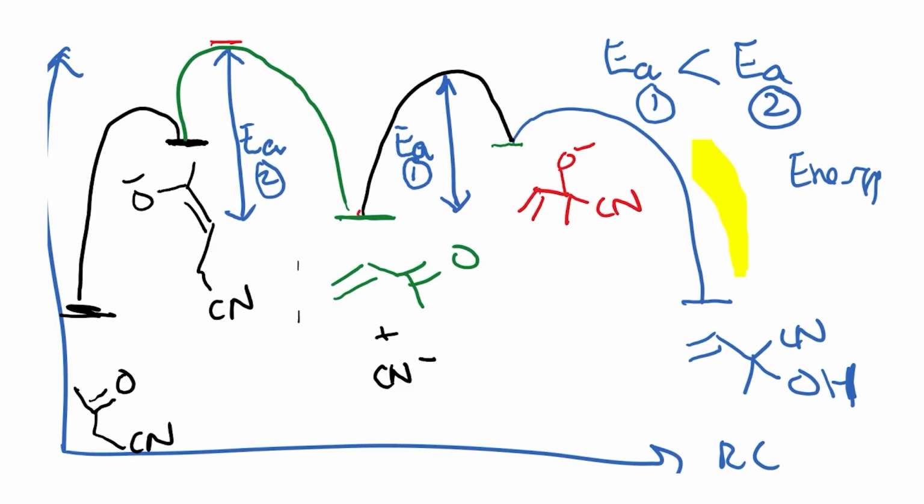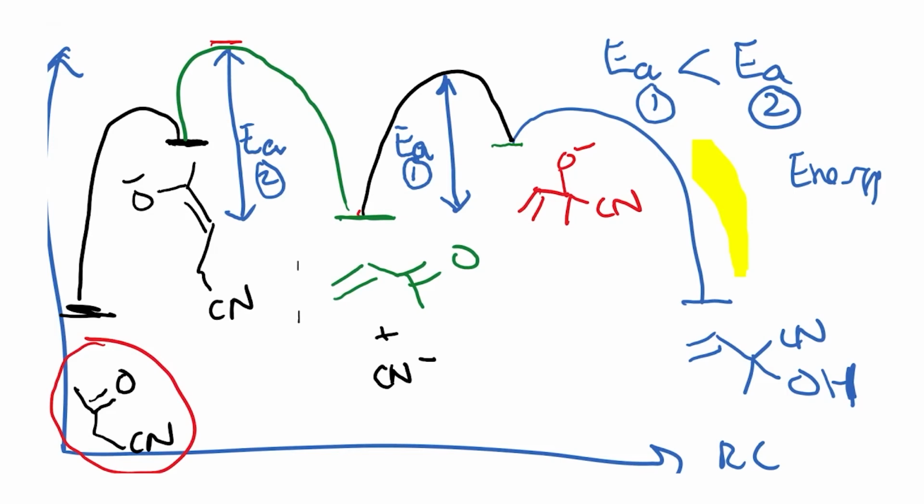However, in order to explain the formation or this result, we have to invoke the concept that the last reaction, which is the formation of this conjugate addition product, is an irreversible reaction.